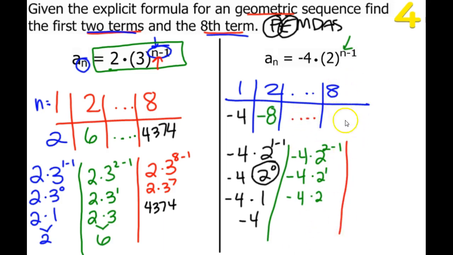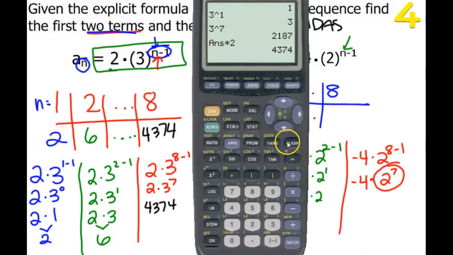And then we need to plug in an 8. Negative 4 times 2 to the power of 8 minus 1. Now you could plug this whole thing in your calculator. I'm just simplifying it before I might plug it in. So we have 8 minus 1 is 7. So we need to evaluate this piece before we multiply it by 4.